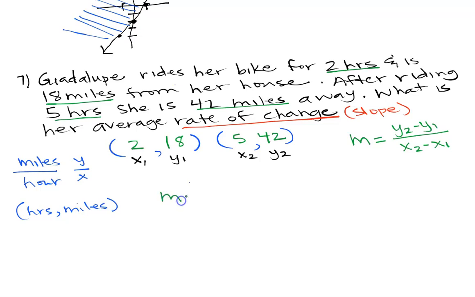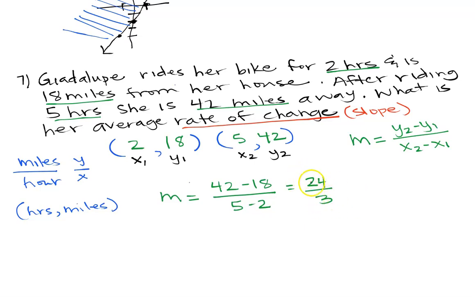All right, so I'll have m equals y2 minus y1, so 42 minus 18 over my x2 minus x1, which is 5 minus 2. All right, and then we should subtract those on the top. 42 minus 18 is 24, and then 5 minus 2 is 3.